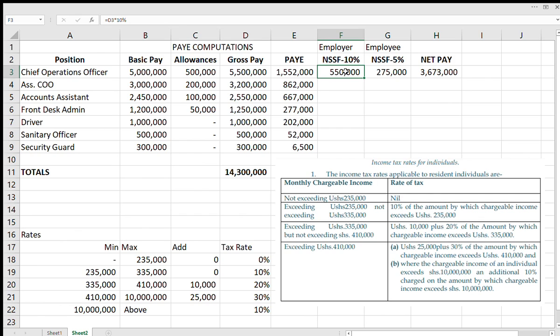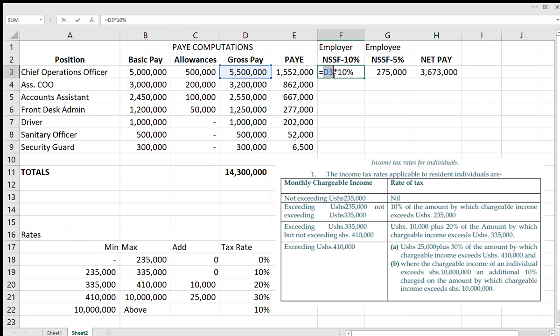employer will have to contribute 10% to the employee without necessarily deducting that 10% from the employee's gross pay. So the employer will contribute this money from other sources of the company other than the employee's gross pay.